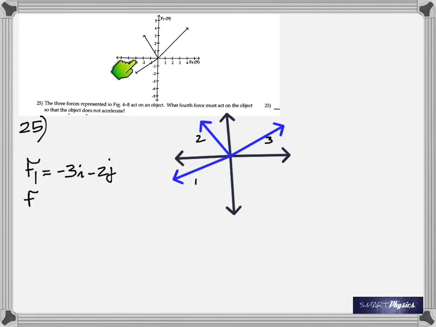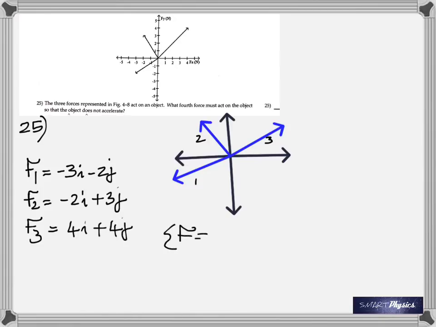So that's force 1. And then the second one, F2, is minus 2i plus 3j. And the third is 4i plus 4j.